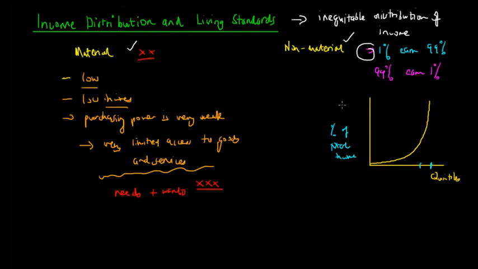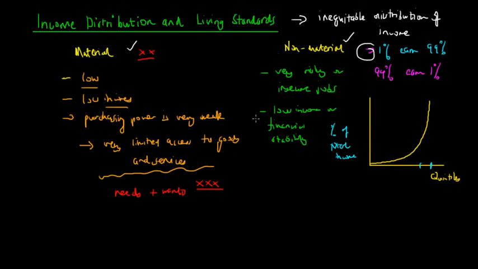We're going to look at the non-material aspects of the living standards of the poorer 99% of the population. And the analysis is very similar. Because they have possibly very risky or insecure jobs, and because they have low income or financial stability, they may suffer a decrease in their non-material living standards.